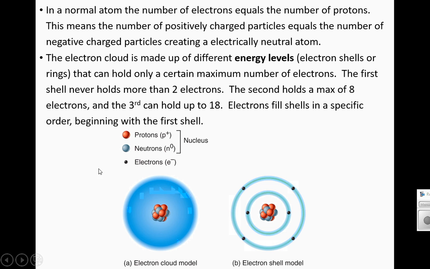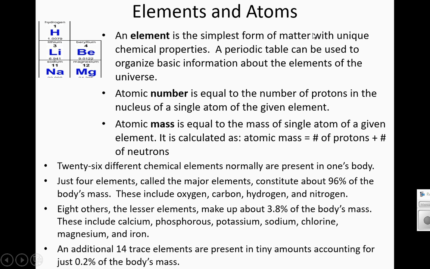Now, in a normal atom, like every single one of those you see in the periodic table, the number of electrons is going to be equal to the number of protons. So if we go back to our very small excerpt of the periodic table, the atomic number we said told you protons, right?